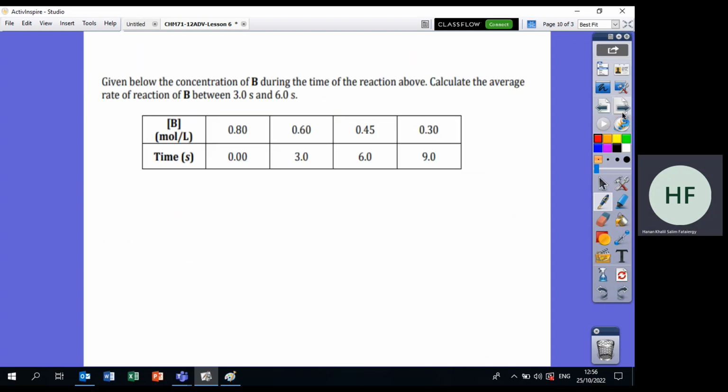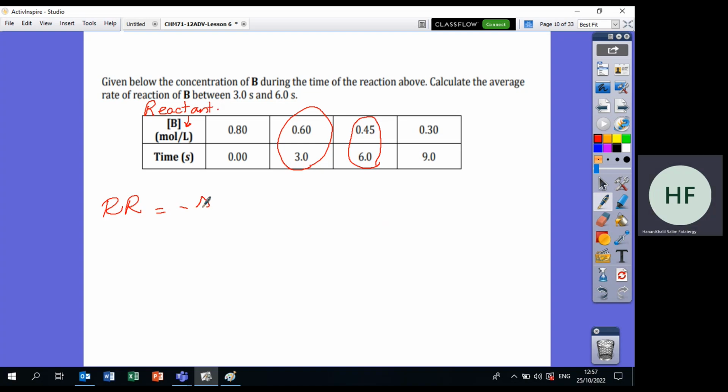Okay, now I want you to do this question. The question says, calculate the average reaction rate of B between 3 seconds and 6 seconds. So this is 3 seconds, and this is 6 seconds, and you have to calculate the reaction rate. Now, I don't know if B is a reactant or a product. How can I solve this problem? B is 0.8, 0.6, 0.4, so this is decreasing. And you know, anything decreasing is a reactant.